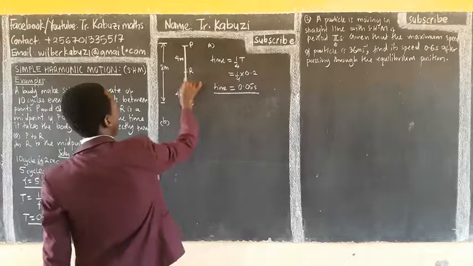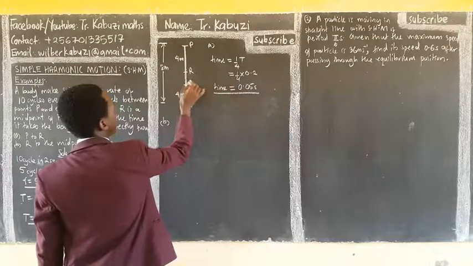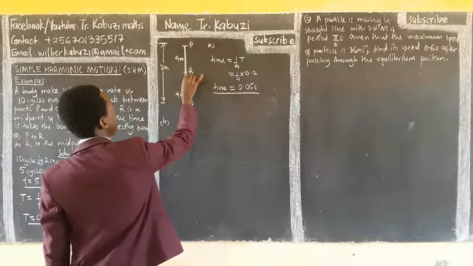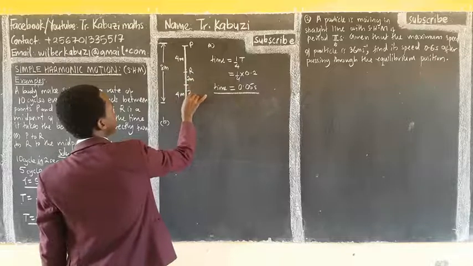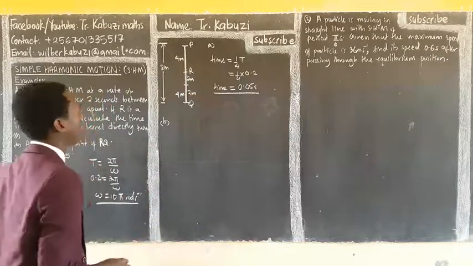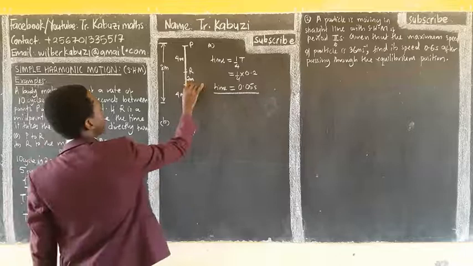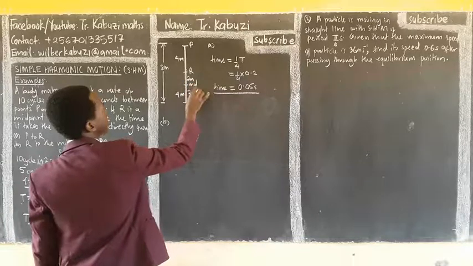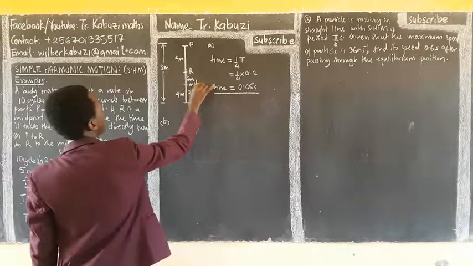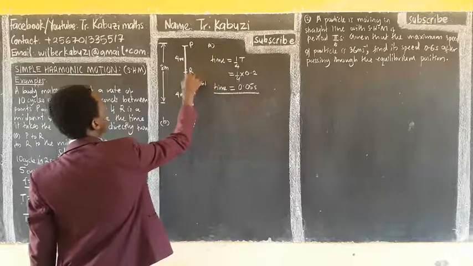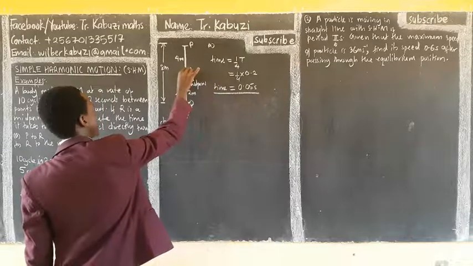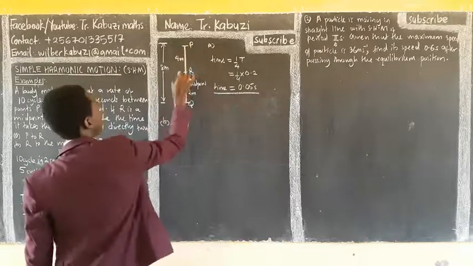From R to the midpoint of R cubed, this is the midpoint. So this is going to be 2 meters, this is going to be 2 meters. Now this is the midpoint of R cubed. So now we are from the center, because our center position is R.